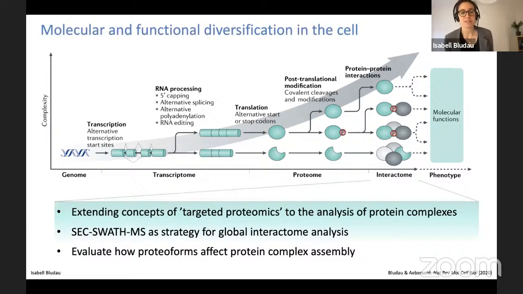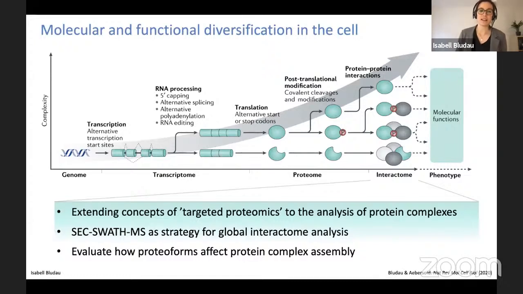So in my presentation, I will now focus mostly on the interactome and how we can extend concepts that you've already heard about for targeted proteomics to the analysis of protein complexes.